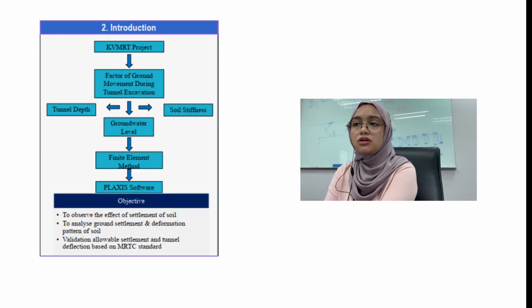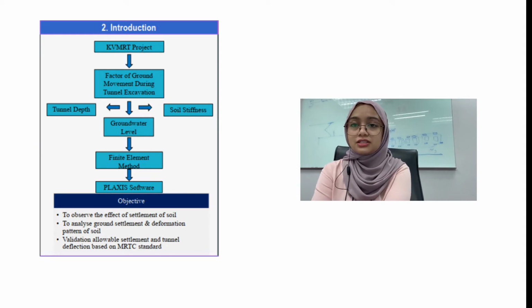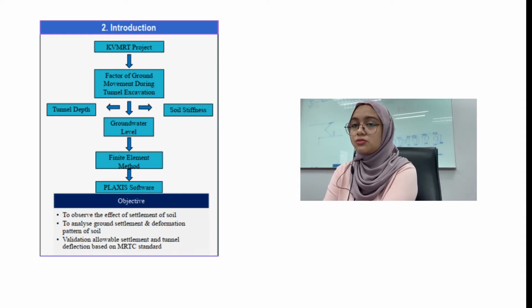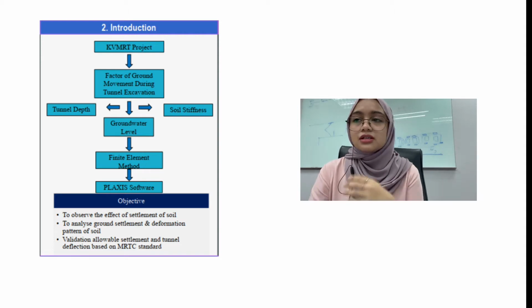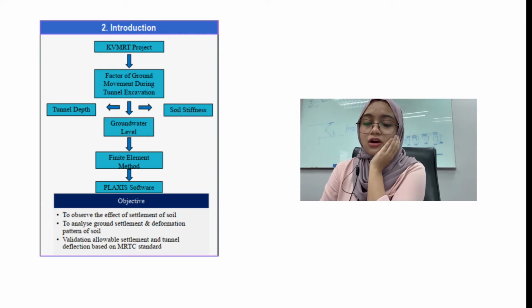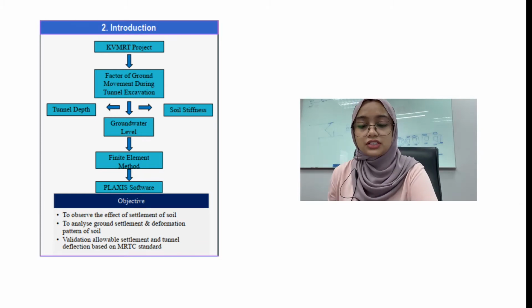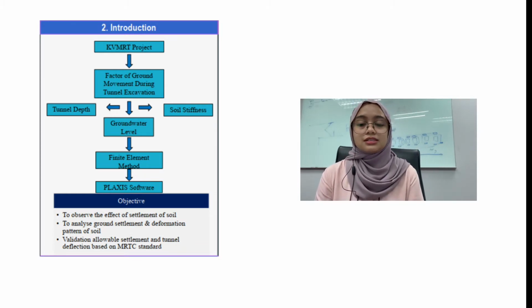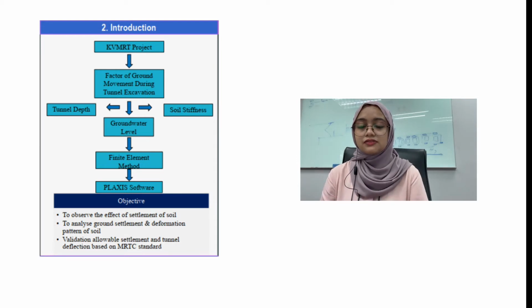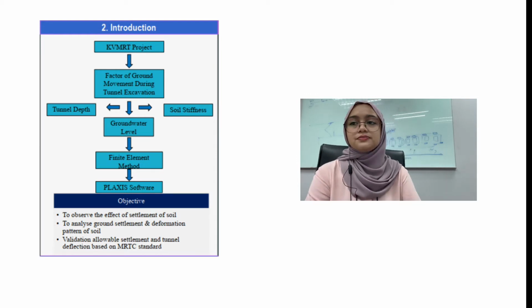So there will be a lot of excavation that needs to be performed in order to complete the project. There are many factors that cause the disturbance of surrounding soil during the tunnel excavation. So the excessive ground settlement gives a major impact to the ground structure.